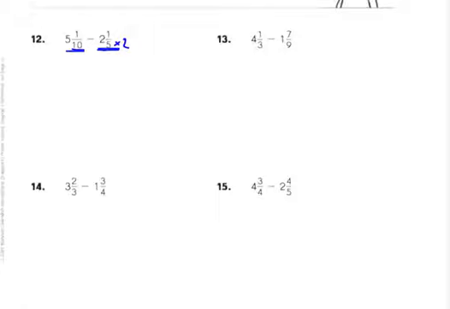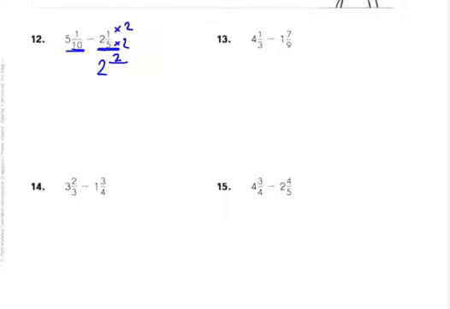Whatever we do to the bottom, we must do to the top as well. Okay. So then when I do that, I am changing that fraction. I'm writing an equivalent fraction. So just beneath that, I'm going to write what that new fraction is. 2, and 1 times 2 up here is 2.